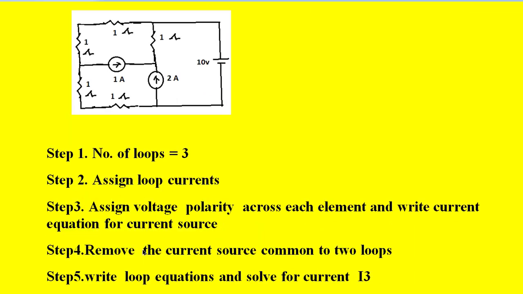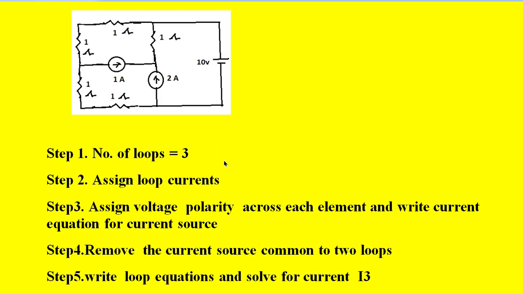Then the fourth step is to remove the current source which is there between every two loops, this is one, this is another. These have to be removed. Whatever circuit that we get, we call that the super mesh circuit. Then for that super mesh circuit, step 5 is to write the loop equations and solve for the current that is supplied by the 10 volts supply.